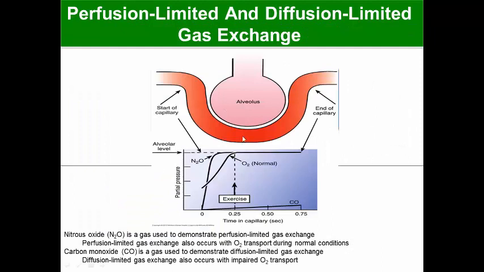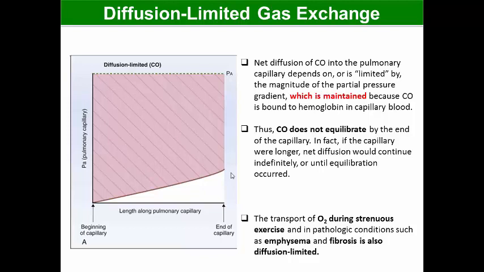So this is the same thing we have just mentioned here. So remember, during strenuous exercise, the exchange of oxygen becomes diffusion limited. So again, here we have a gas, and you can see here, this is the partial pressure of the gas in the blood in the pulmonary capillaries, and this is the partial pressure of the gas in the alveolar air.